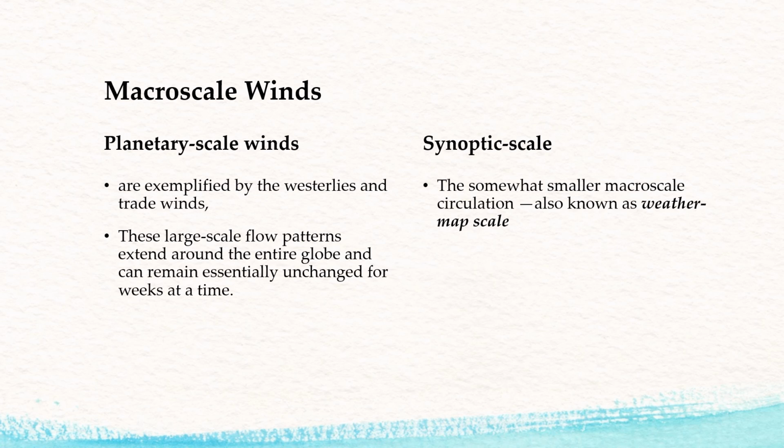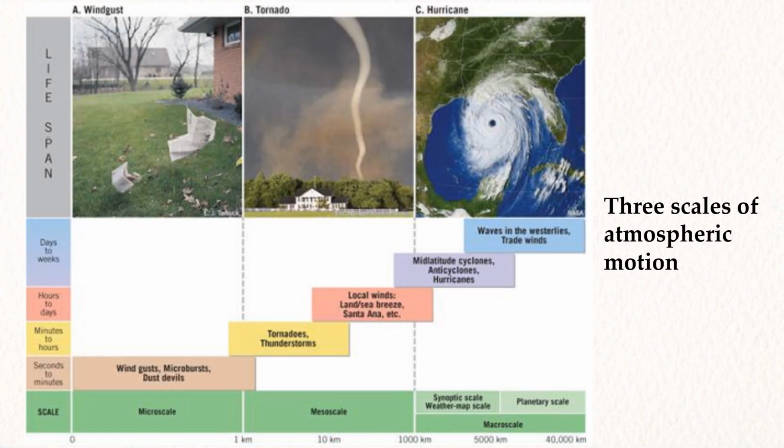So to check what I have just mentioned about the three different scales of atmospheric motion, here is an illustrated picture to make it more visible. As you can see in the first column, we have the wind gusts, which are under the smallest scale, the microscale.